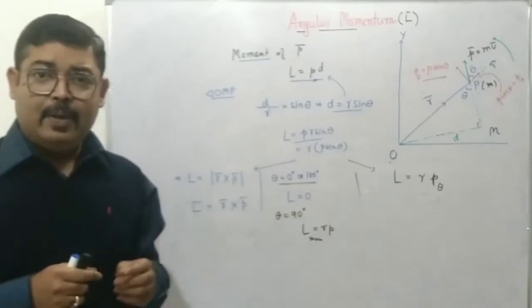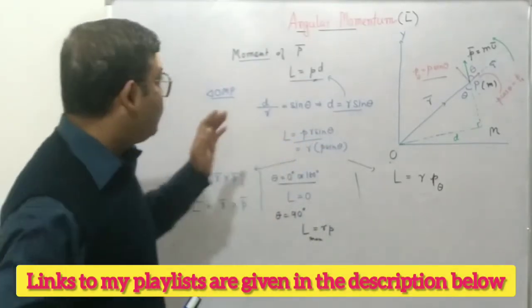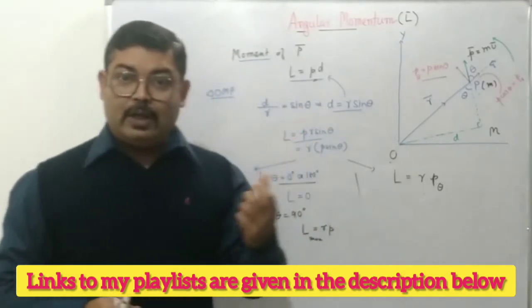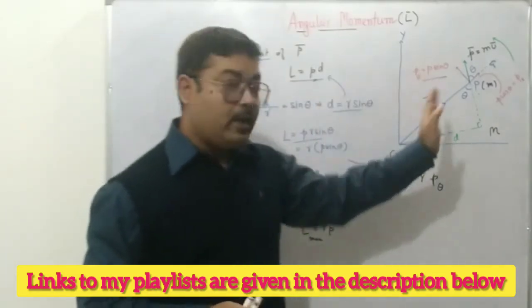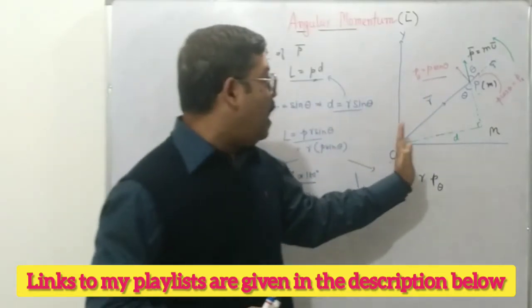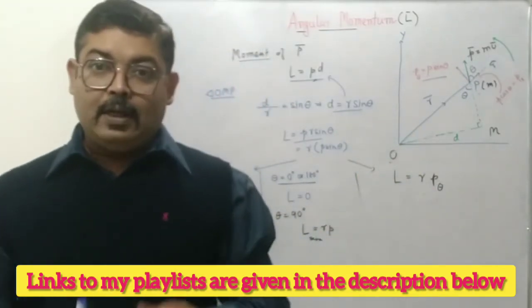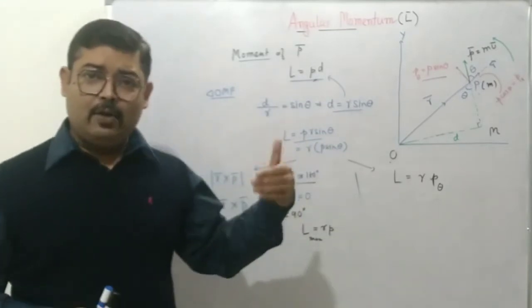For example, in my previous videos when we talked about torque, what we said is that torque is the moment of force, and that the torque, that is the rotational effect of a force, depends not only on the magnitude of the force but also on how far it is acting from the axis of rotation. We had given the example of a door. If you push the door very close to the hinge, then it will rotate less.